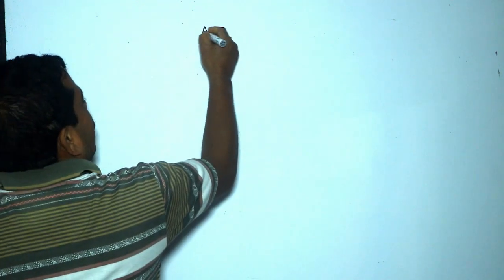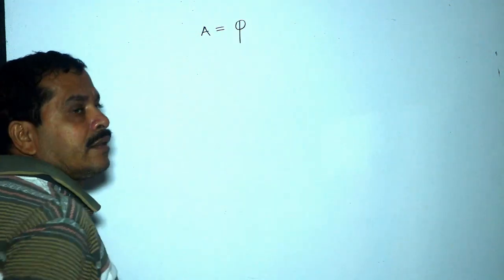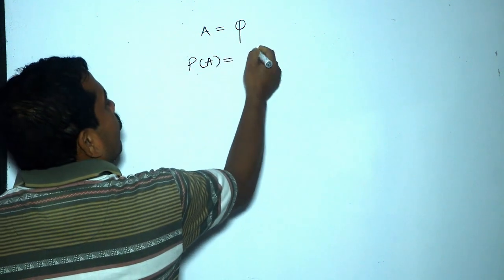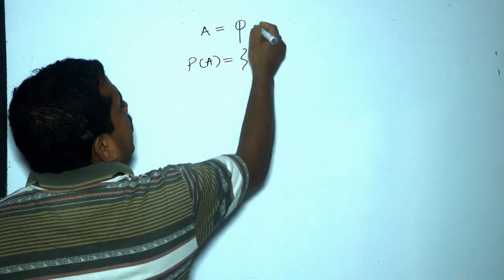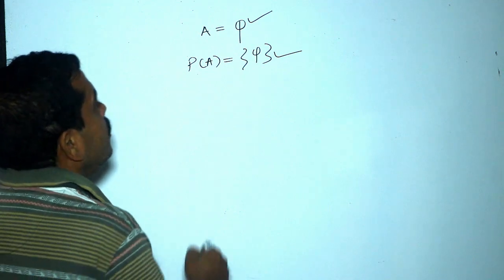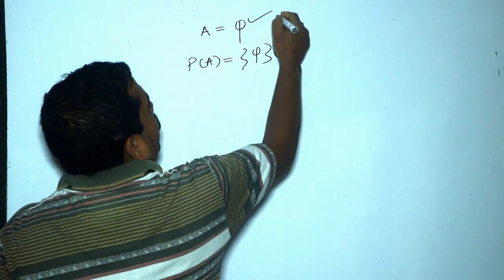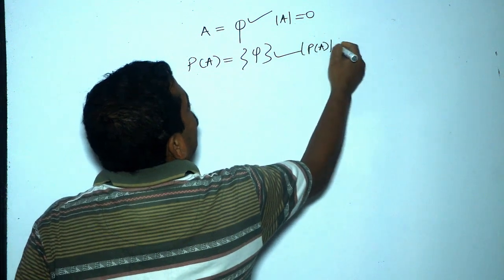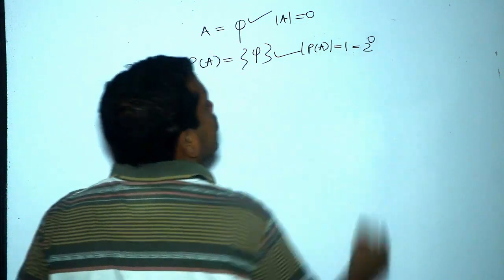Suppose set A equals phi, then its power set will be {phi}. The cardinality of A is 0, but the cardinality of its power set is 1, that is 2 to the power 0.